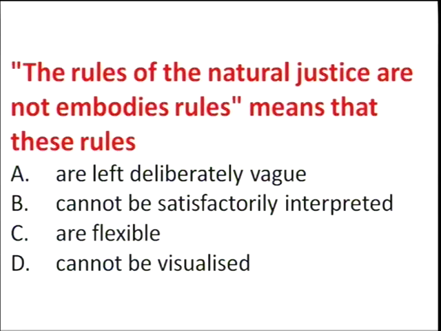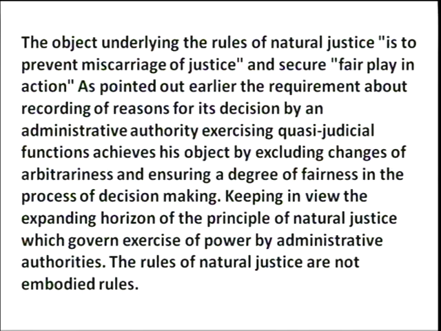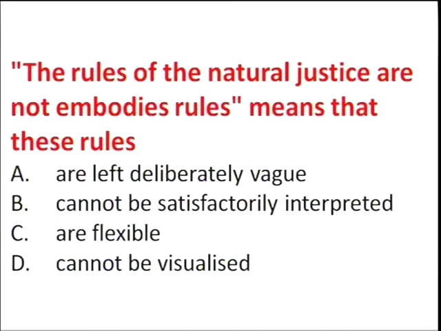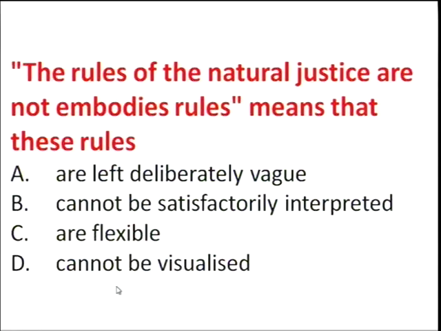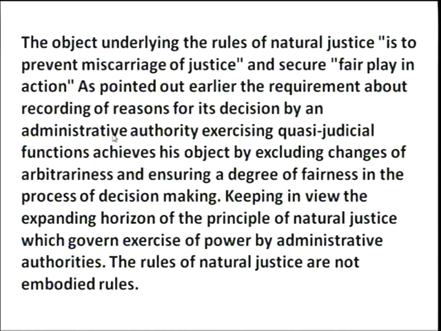Okay, now let me go back to the first paragraph. Now, the one keyword that you saw in the question is embodied rules. That word is here. It says the rules of natural justice are not embodied rules, and the question is also saying that. But what does it mean?